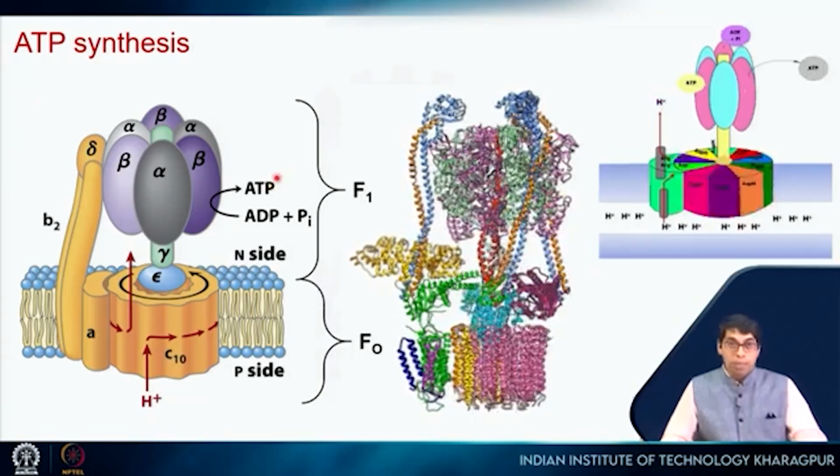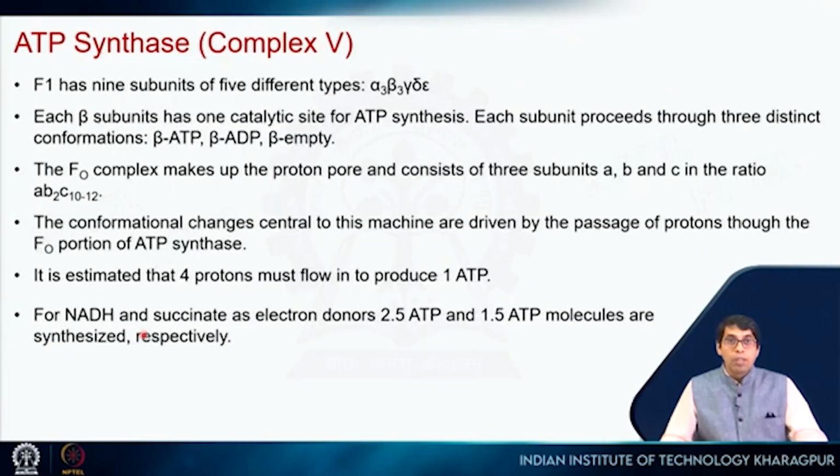So, now we can do some calculation. When 2 electrons are transferred from NADH to produce NAD+, 10 protons flow out, right. 4 protons flow in to produce 1 ATP. So, 10 by 4 is 2.5.